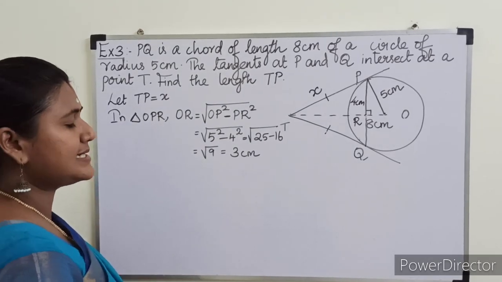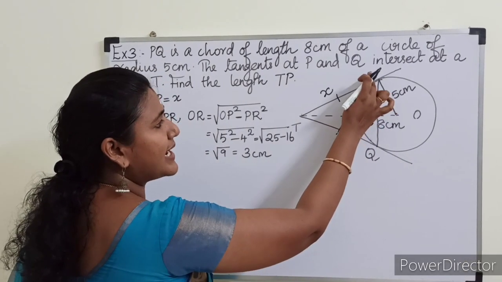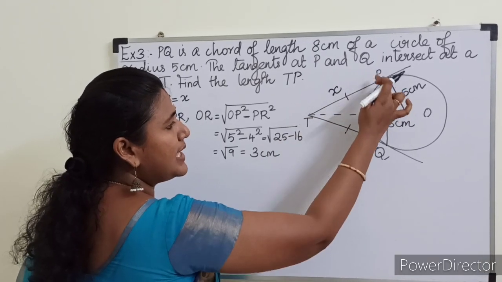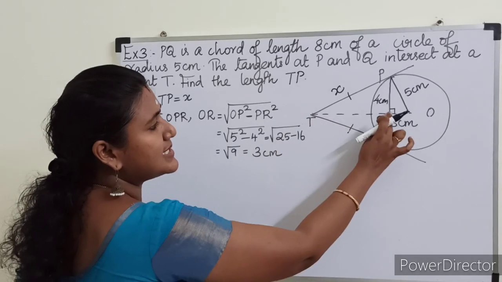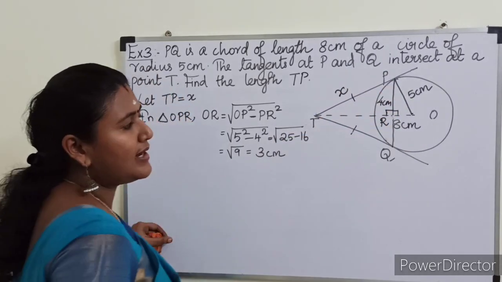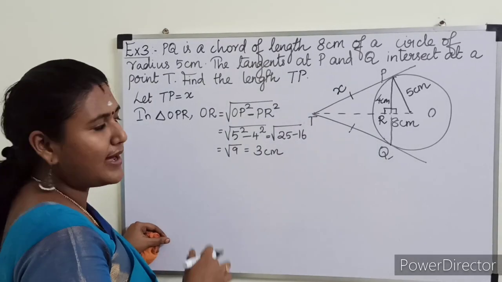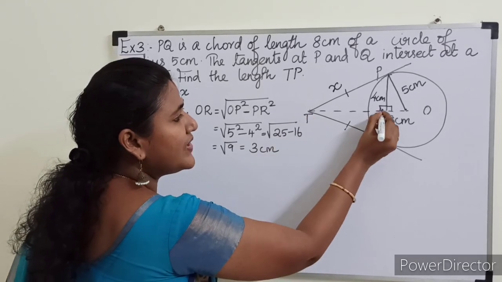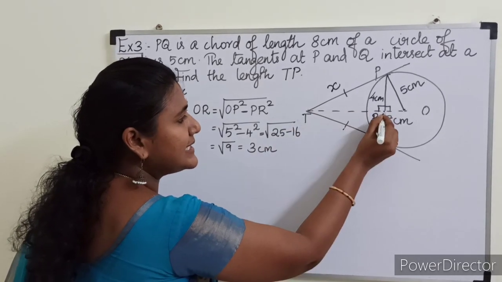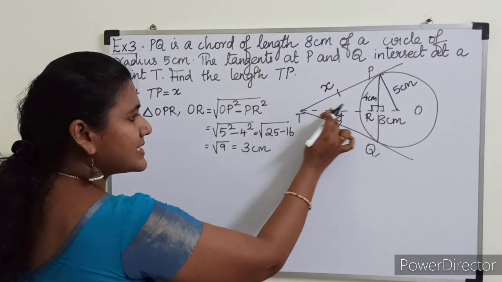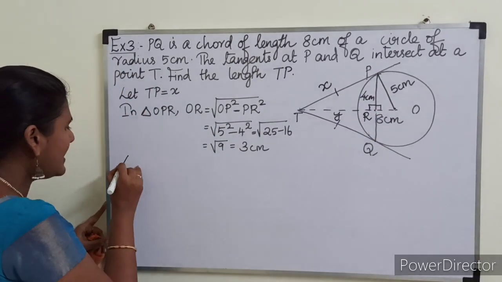Now we will consider triangle TPR. This is also a right angled triangle. Here we take the length TR as y.